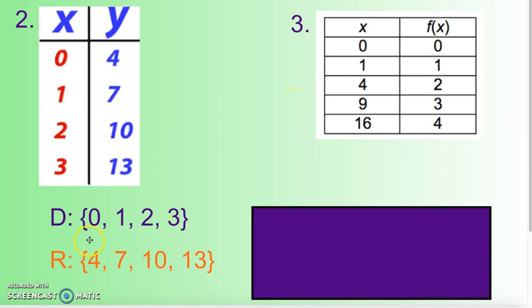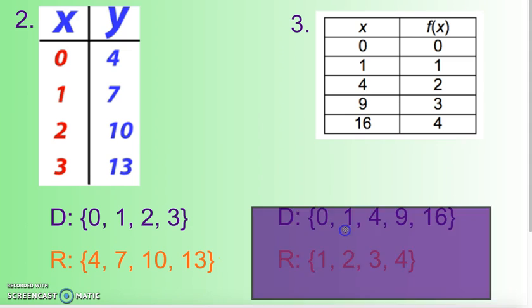Okay, so the domain, we plugged in all of these numbers, 0, 1, 2, 3, they are x's. And then the range, we got answers out as 4, 7, 10, and 13. And that's how I am listing my set.